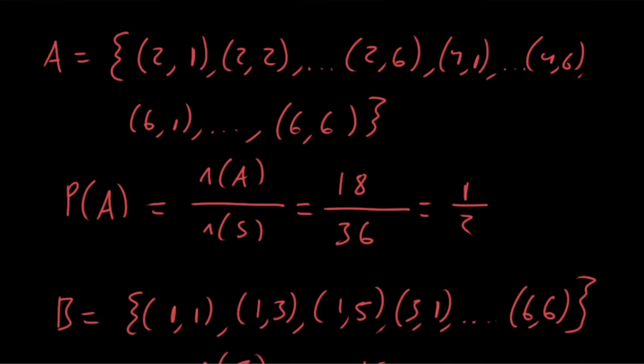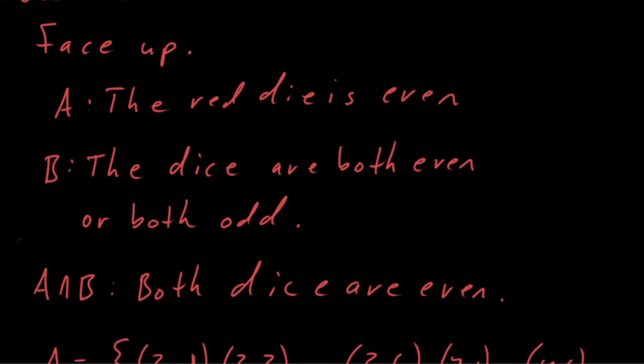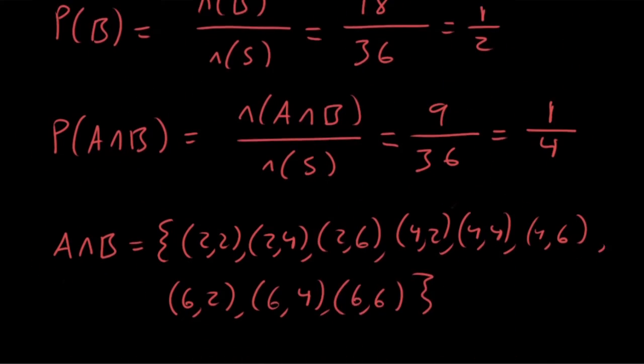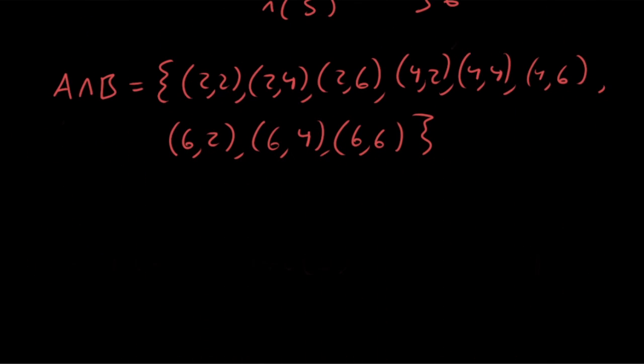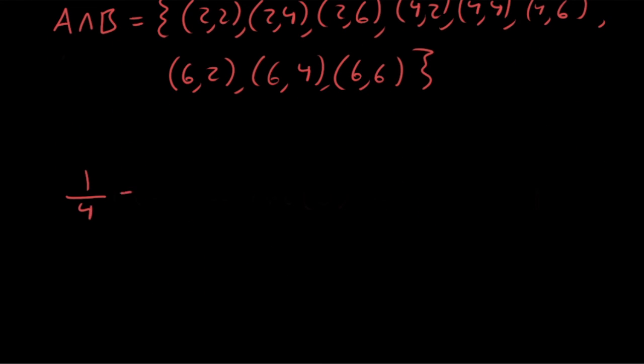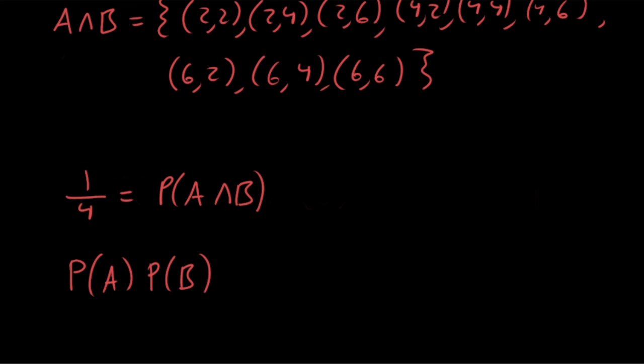So let's determine if these two events, the red die is even and the dice are both even or both odd, are independent or not. So all we got to do is, what is the probability of A intersection B? That's 1/4. And we have to set it equal to probability of A times probability of B. But remember, that was 1/2 times 1/2, which is equal to 1/4.